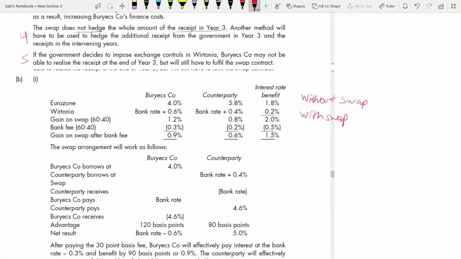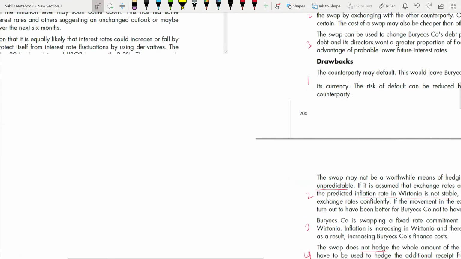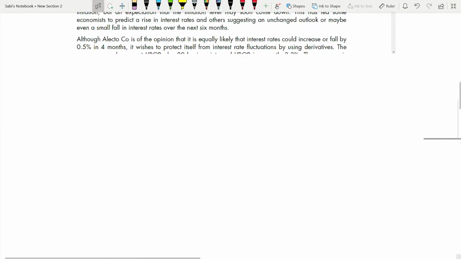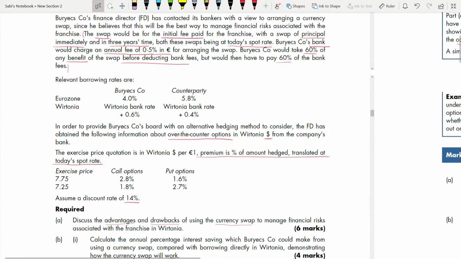Just go to that table and see here: 4 and 5.8%, and 0.6 and 0.4%. Here itself I can take the difference.